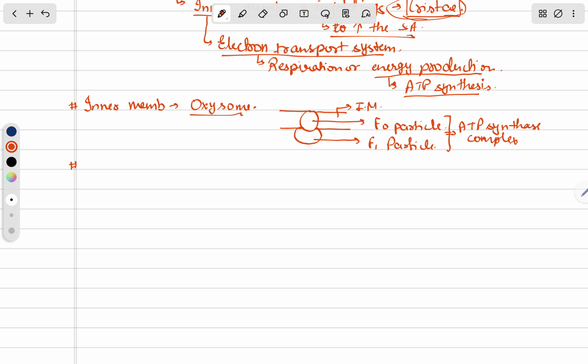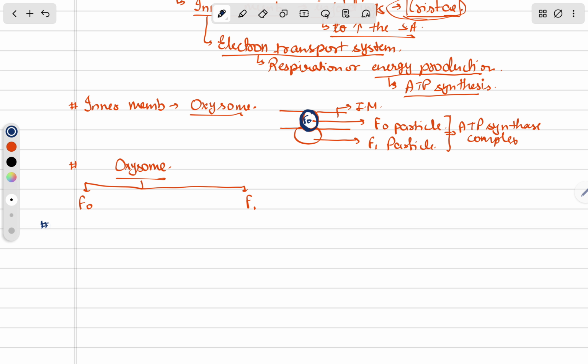Now we'll learn about the differences between both components. One is the F naught particle and the other is the F1 particle. This is the F naught particle, right? This F naught is completely embedded in the inner membrane.